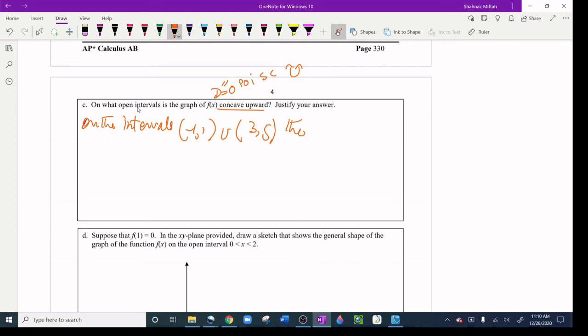On the open interval, f of x is concave up because f double prime x is greater than 0. That's a justification. So part C actually has 3 points. You can say these points and then you give them f double prime is greater than 0.